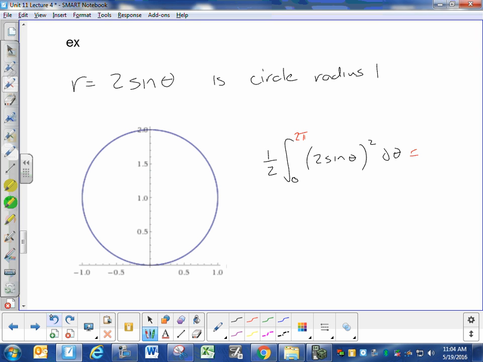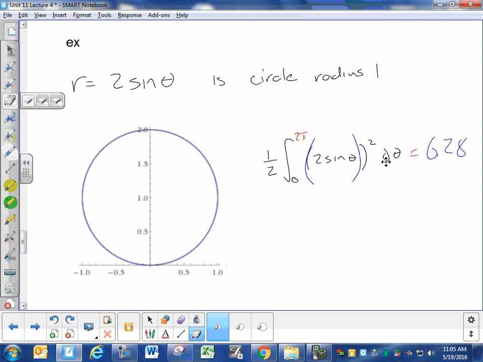What do you get? 6.28. What does that equal to? You didn't get 6.28 because you didn't put 2 sine of theta in parentheses and square it. If you got 3.14, you plugged it in wrong.